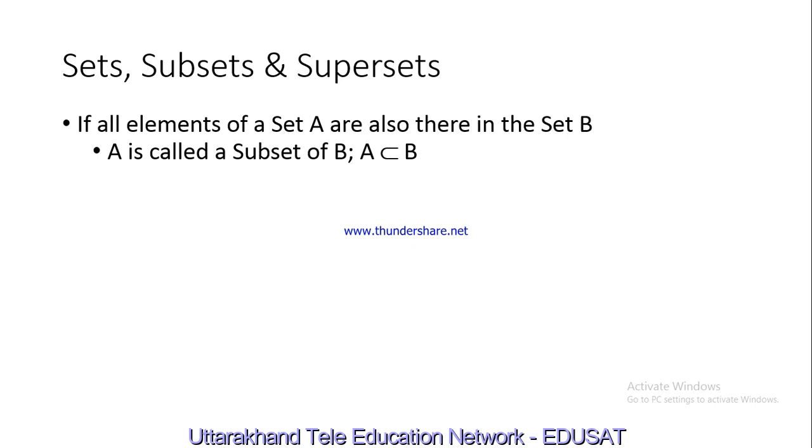A is a subset of B because all the elements of A are also there in set B. In this case we can also say that B is the superset of A. Because A is the subset of B, B has to be the superset of A. Is this fine?